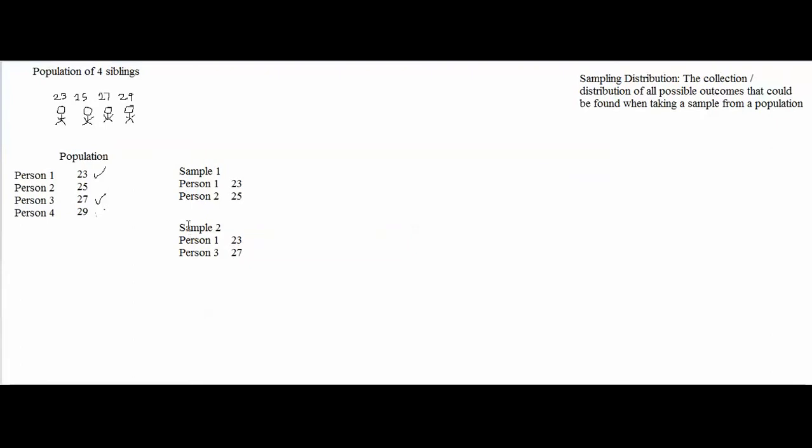What's another possible sample of 2 people? We might end up selecting person 1 and person 4 to be our sample. So let's move this check mark down here. So the third possible sample is person 1 and person 4.